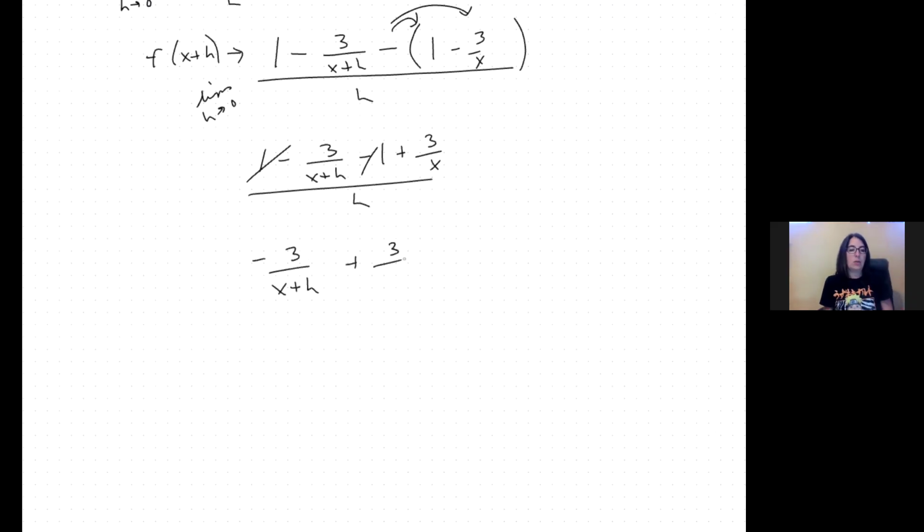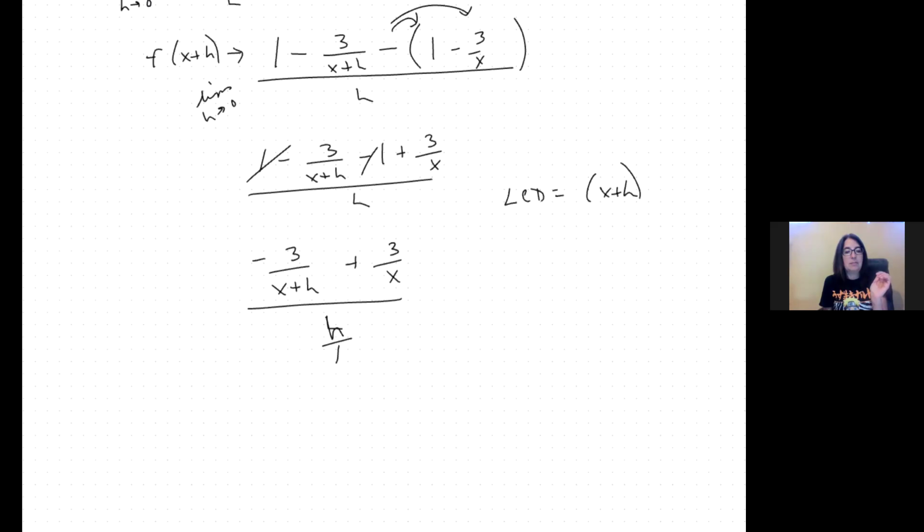Okay, but we don't want fractions within fractions. So we'd figure out what the lowest common denominator would be. So we have to have an x plus h, and we have to have an x. This x is not part of the x plus h. x plus h is protected with these little parentheses.